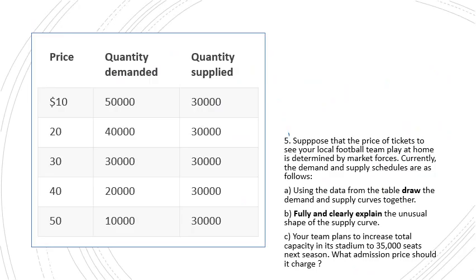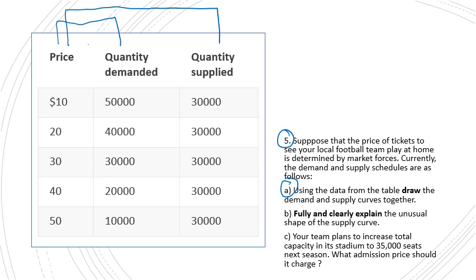In question 5, we're given the demand schedule, and we are also given the supply schedule. All right. So 5A reads, using the data from the table, draw the demand and supply curves together.